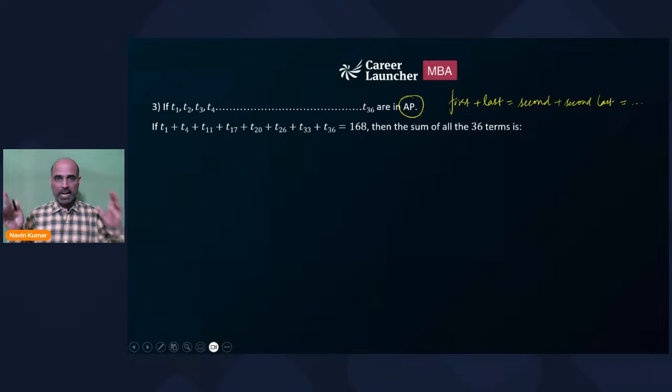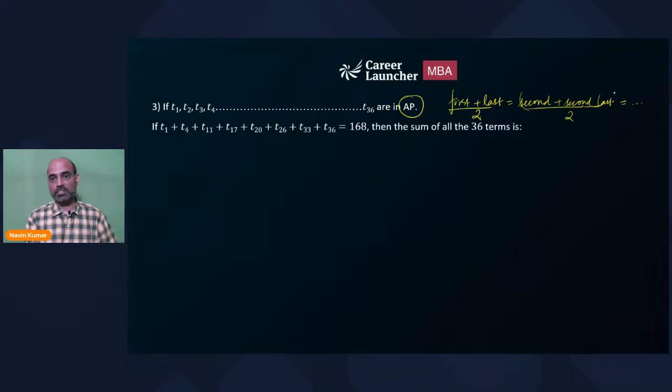If you pick a term at the nth position from the left hand side, and another term at the nth position from the right hand side, their sum will never change. And if we take the average of each such pair of terms, they will always give us the average of the AP.